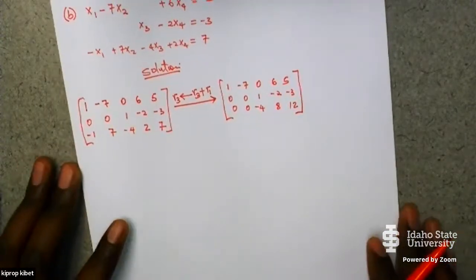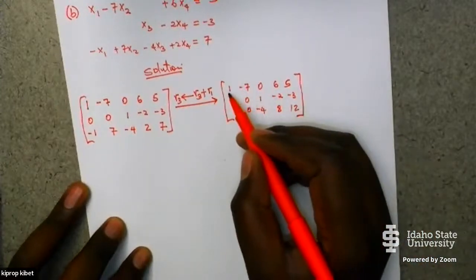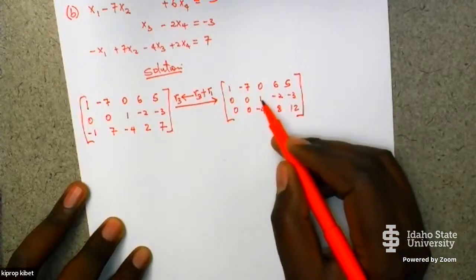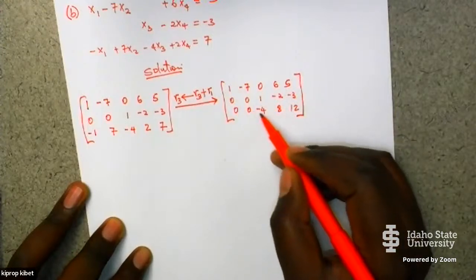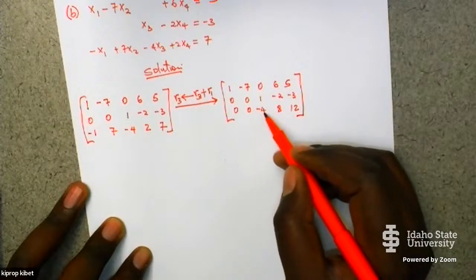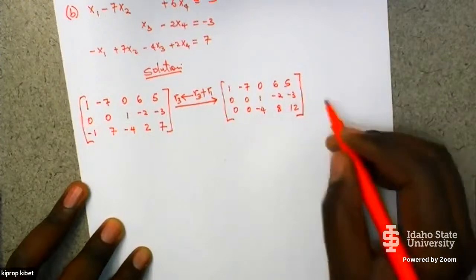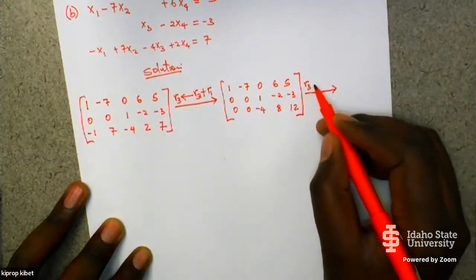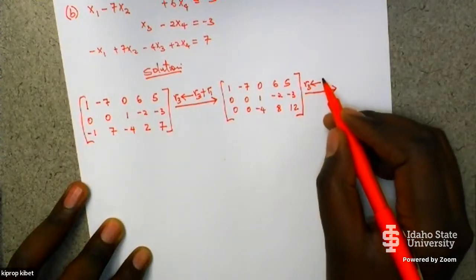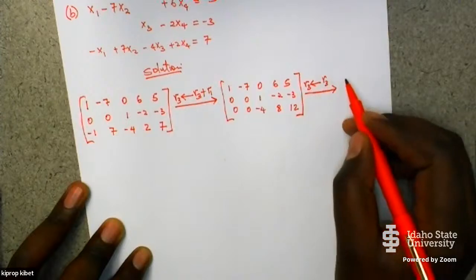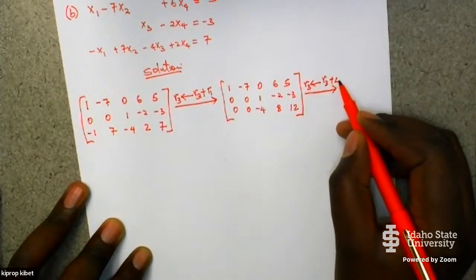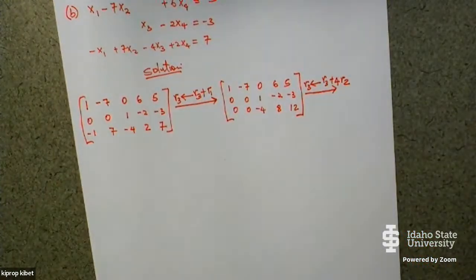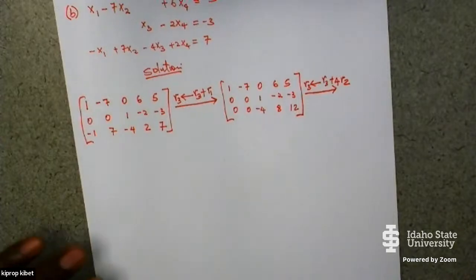Now, we have the leading entry here. We have another one here. So again, we need to reduce this one to 0. So here again our new R3 will be R3 plus 4 R2.